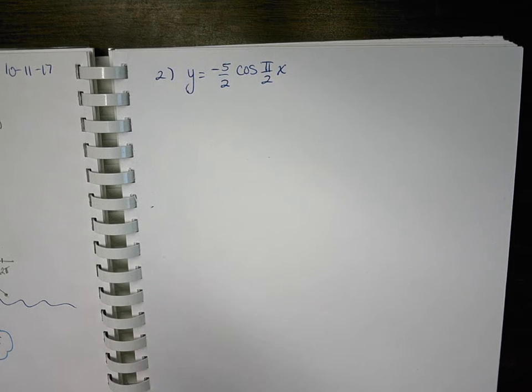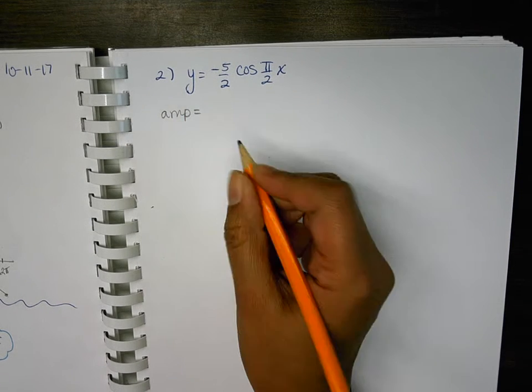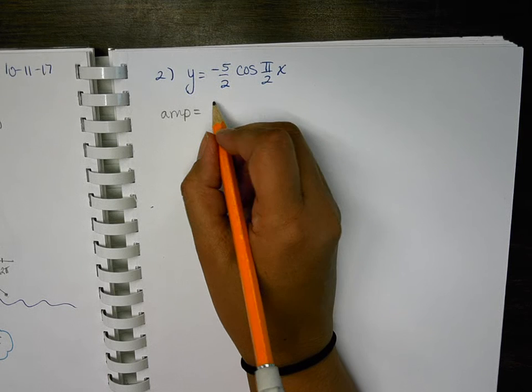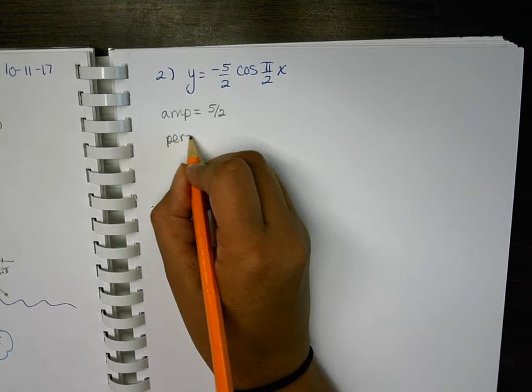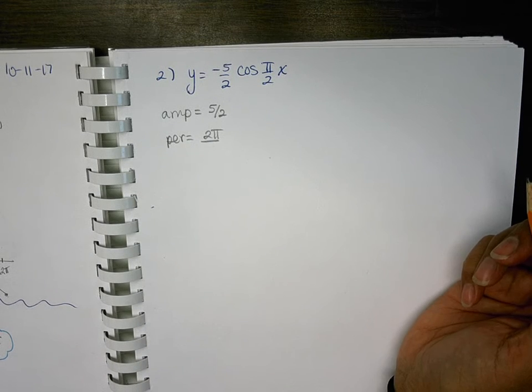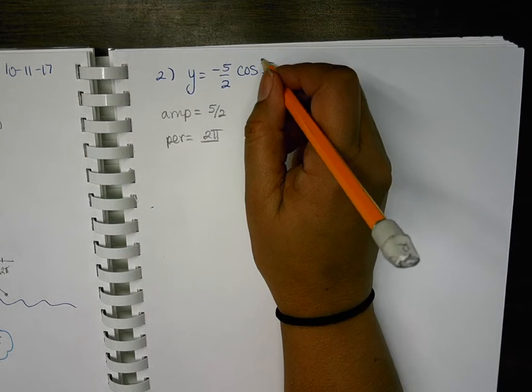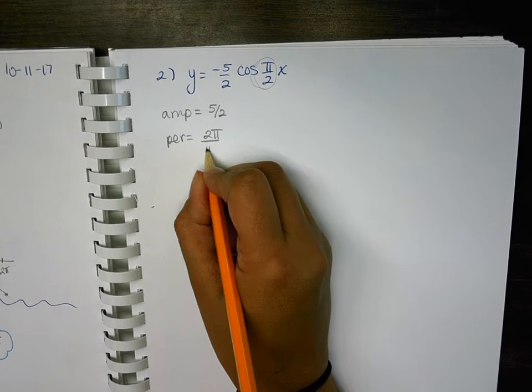The other side? Yeah. All right. What is the amplitude? 5/2. Period is 2 pi over b, being the coefficient of x, 2 pi over what? Pi over 2. Need you guys paying attention.